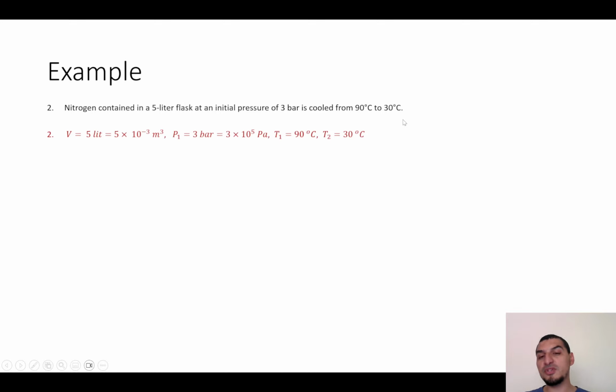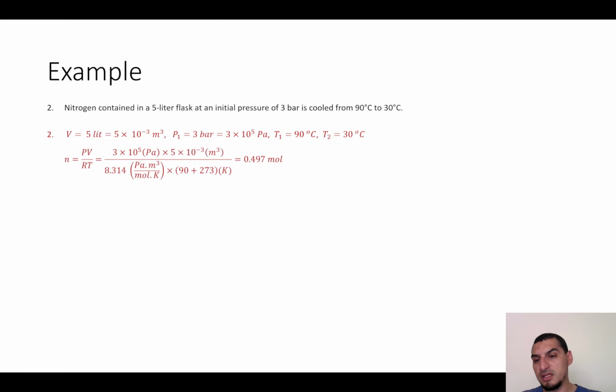So we can use this information to calculate the number of moles using the ideal gas law, because the ideal gas law states that PV equals nRT, so we can calculate n equals PV over RT. It's important to notice the units, and this is why I did the unit conversions here.